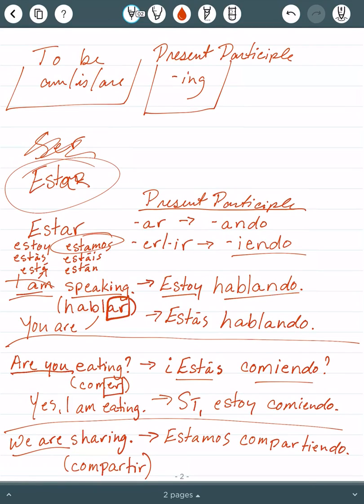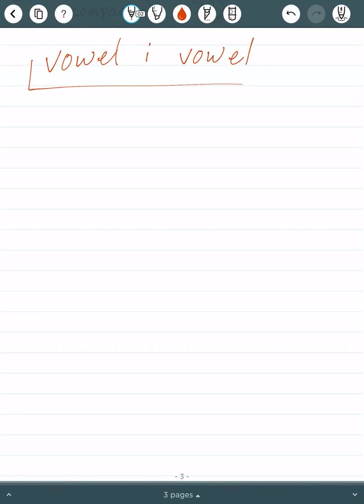Now that's going to get you through maybe 90% of present participles, but I need to tell you the last little bit of the story. So here's the next thing. In Spanish, we have a problem with this little vowel sandwich. We don't like an I in the middle of two vowels.